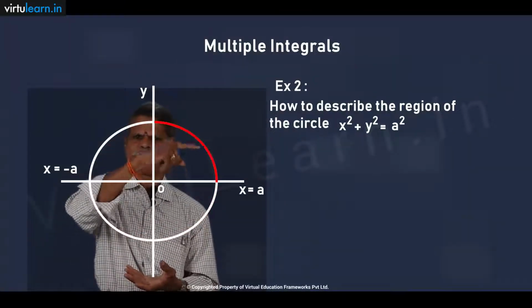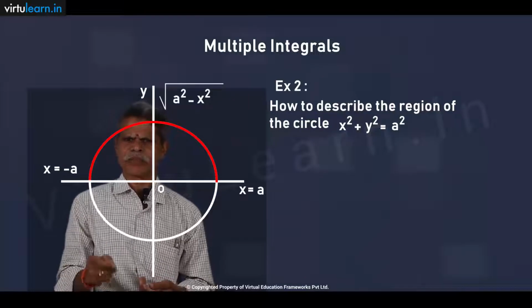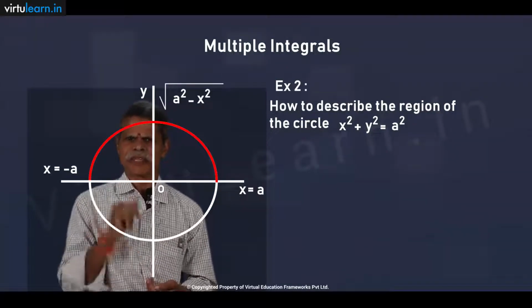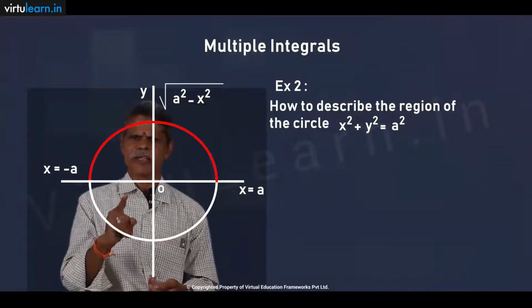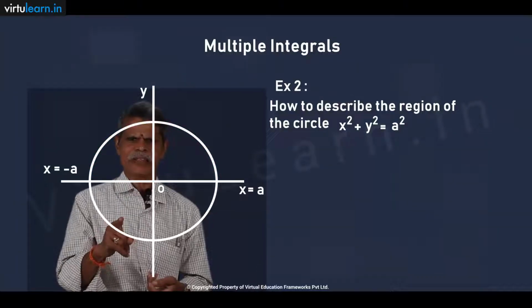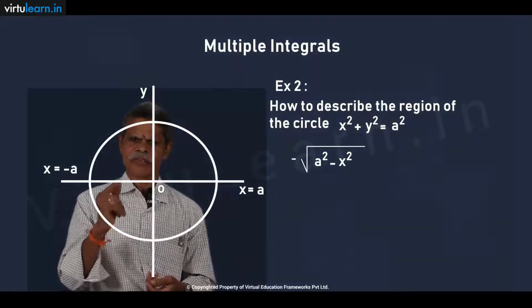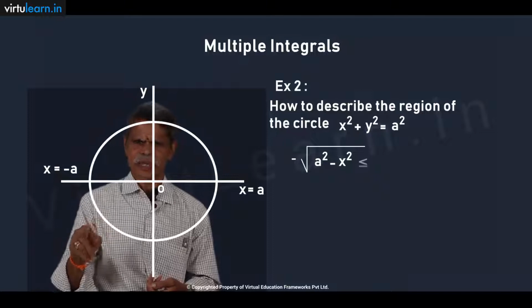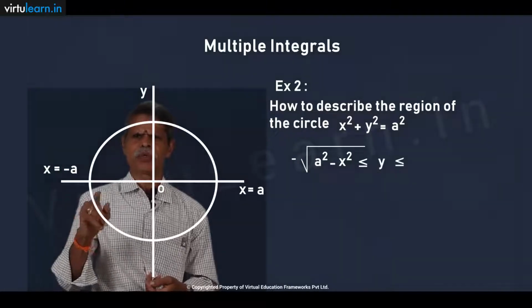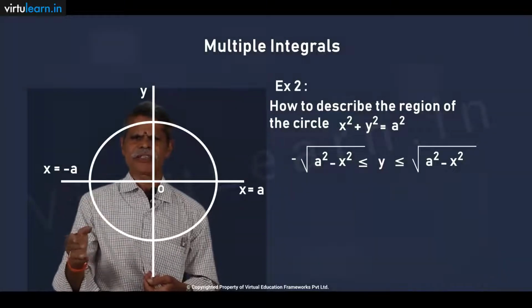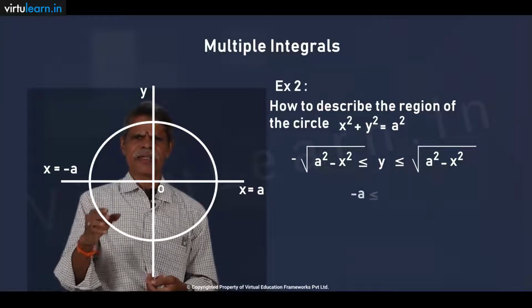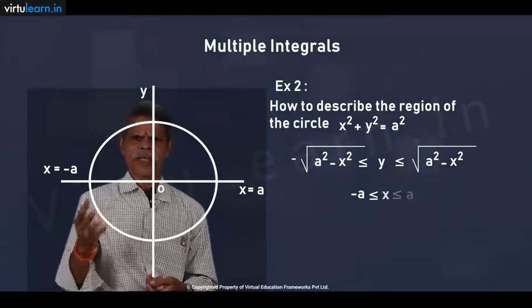The upper semicircle can be represented by y is equal to plus root a square minus x square. So the region can be described by the inequalities minus root a square minus x square less than or equal to y less than or equal to plus root a square minus x square, minus a less than or equal to x less than or equal to a.